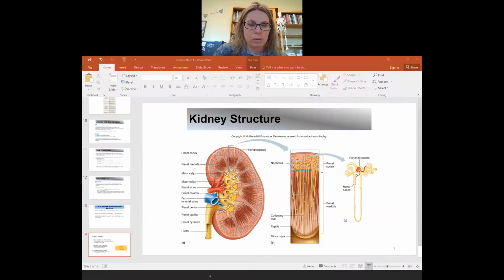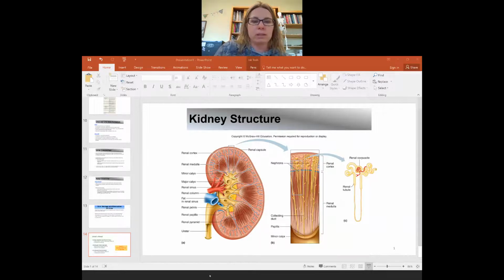Now, just really quickly to review for the exam, the exam reviews are on D2L. If you click on that and pull up the exam review, there's not a lot of bullet points on this exam review, but there's kind of a lot of information. Just like normal, you'll need to know the anatomy of the respiratory system and the urinary system.